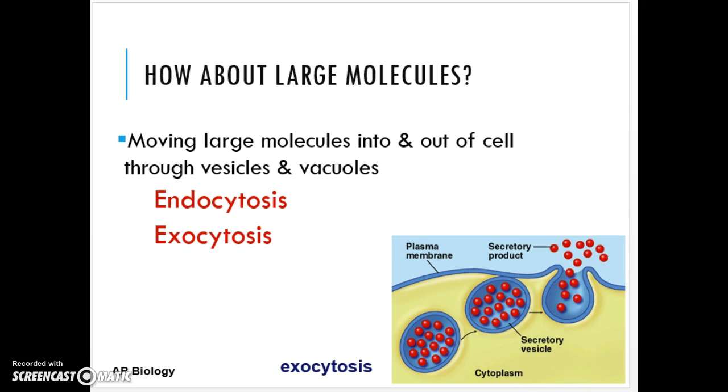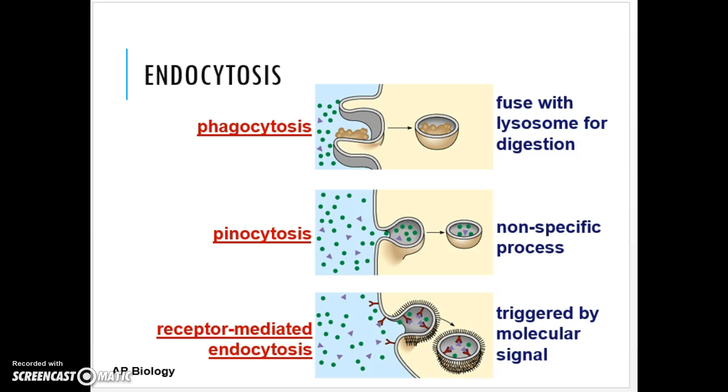And that can go in either direction, either out of the cell, as in this case, or into the cell as well. So when it goes into the cell, again, it's called endocytosis, and there are 3 types of endocytosis. Phagocytosis is when you fuse with a lysosome to digest something. Pinocytosis is when water is enclosed.